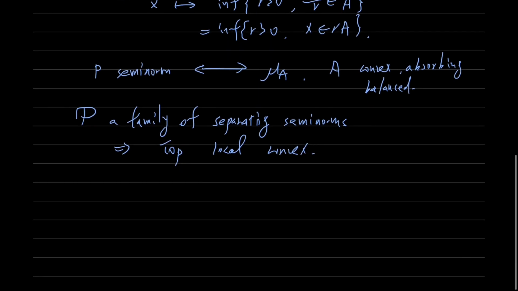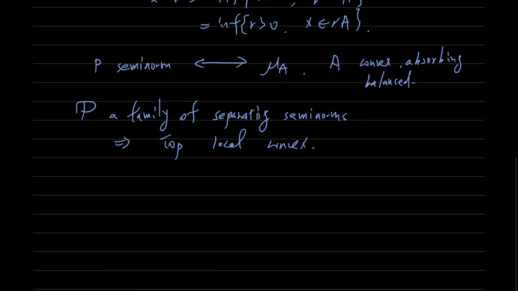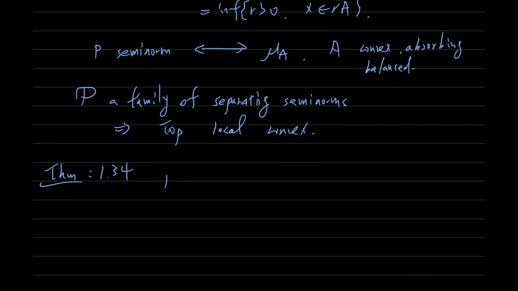Okay, let's start with the basic properties of seminorms. Theorem 1.34. Let p be a seminorm as above on X. First, p(0) is 0.